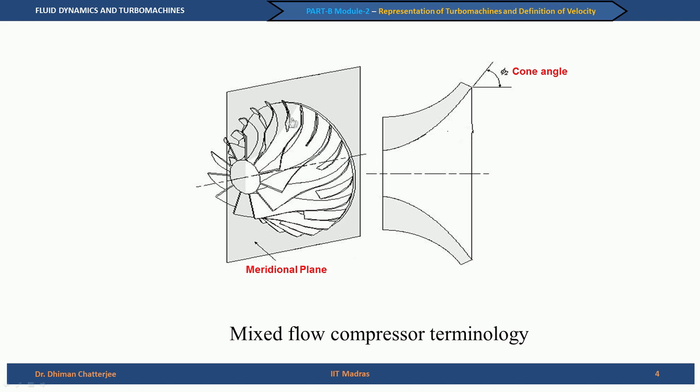On the left hand side, I can show the full impeller which I have just now shown you, and this is the plane which contains the axis of the impeller as shown, and once we take it out we can show the usual representation of a mixed flow impeller.